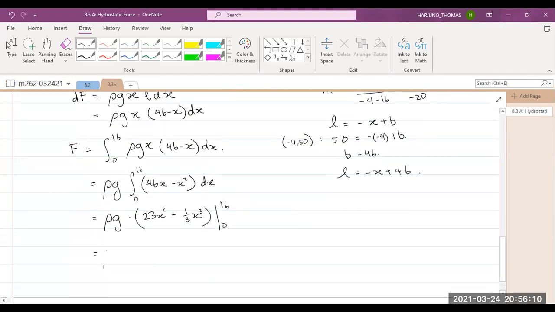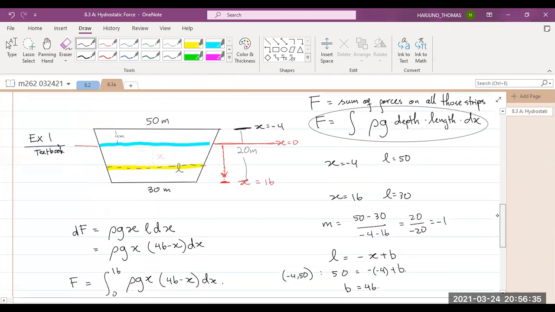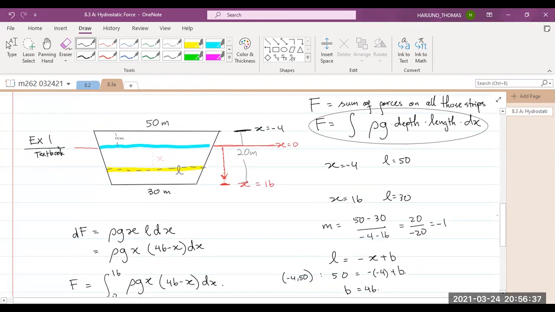That equals rho g times 23 times 16 squared minus 1/3 times 16 cubed. Okay, you can use your calculator from there. Now, this is one way to do the problem. Any question? No question. Okay.